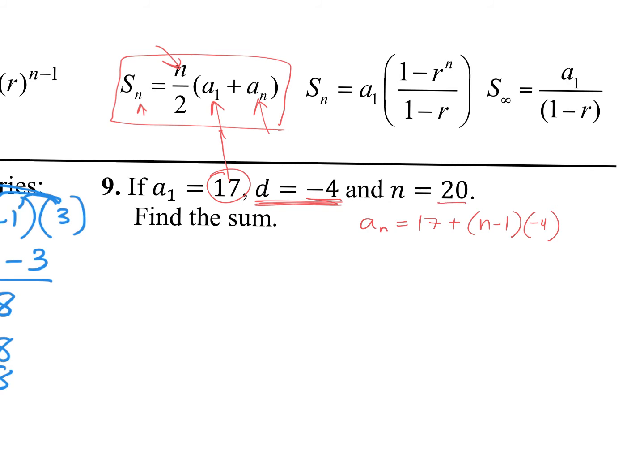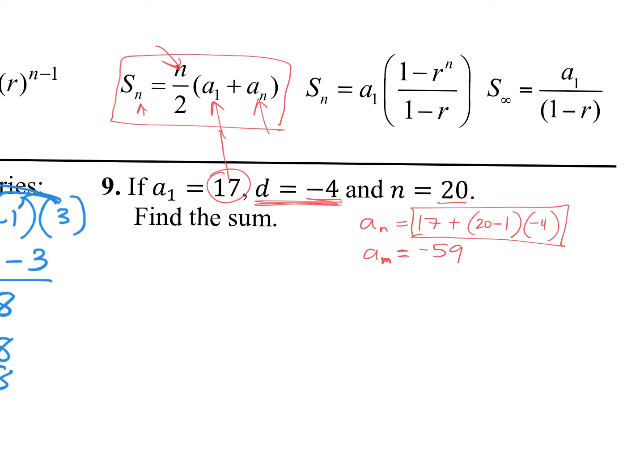So we're going to plug that in right here. So that's going to be 20 minus 1. So if you plug that into your calculator, a sub n equals 17 plus 20 minus 1, use the parentheses there so you get the right thing. What you get for a sub n is -59.